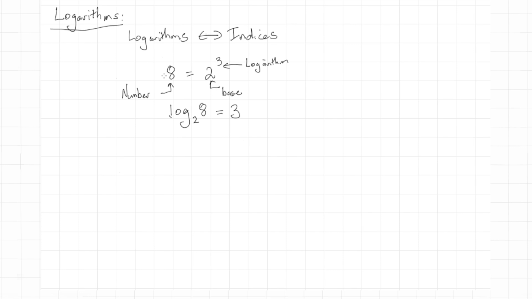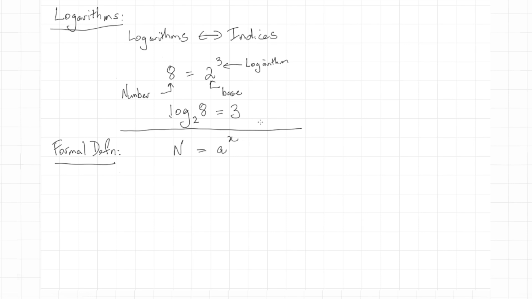Now, we can have a more formal definition. Instead of writing it with actual numbers, we can say if n equals a to the power of x, so I'm not using specific numbers now, and this is what algebra is good for, it defines the pattern.